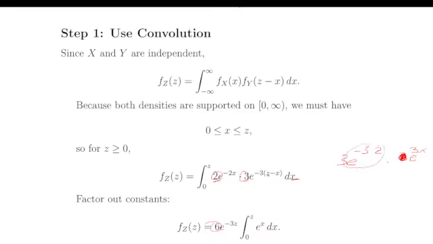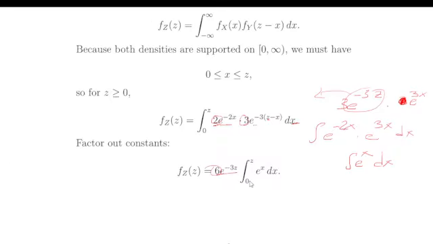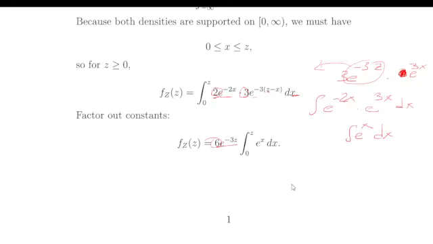Then you have e to negative 3z coming outside. And then we have e to negative 2x inside from over here, and then e to the 3x over here. So that's going to be e to the x dx. Okay, so that's what we have, this integral right here: 6e to negative 3z, integral 0 to z, e to the x dx.